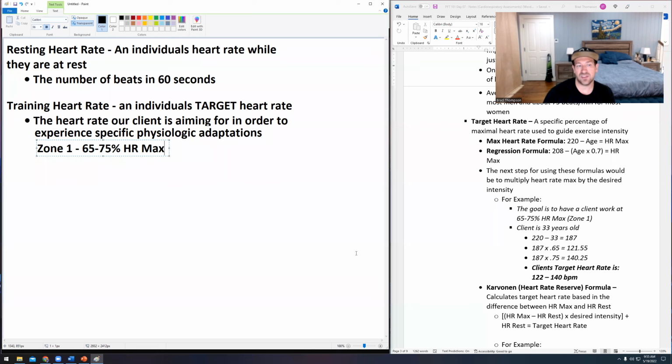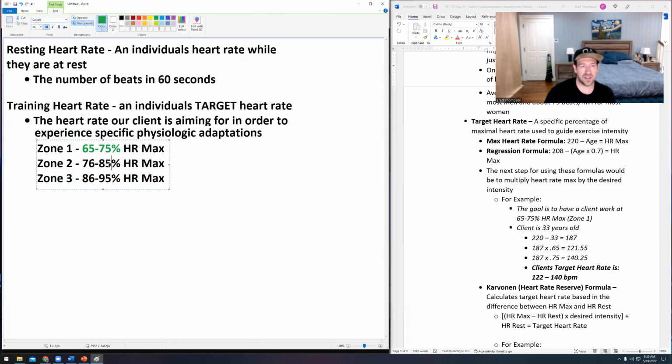So that's 65 to 75% heart rate max. So this would be like the green zone, right? I'll put that in green here. And then we've got zone 2. That's going to be 76 to 85% heart rate max. And zone 3 is going to be 86 to 95% heart rate max.